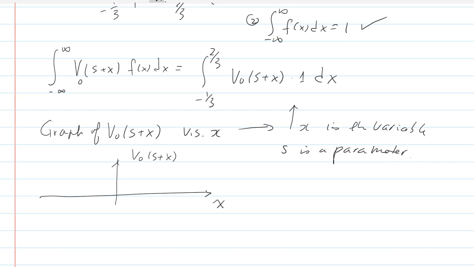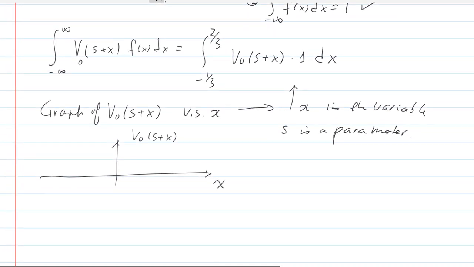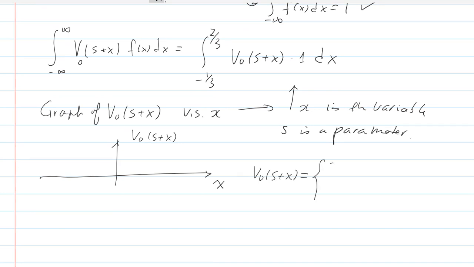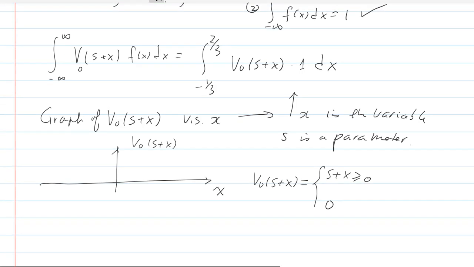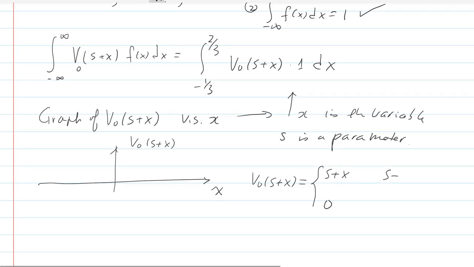Now, we know what v naught of s is, so how can we get v naught of s plus x? Well, this is composition, so we have the following. It's going to be s plus x when s plus x is bigger than or equal to 0, and 0 when s plus x is less than 0.